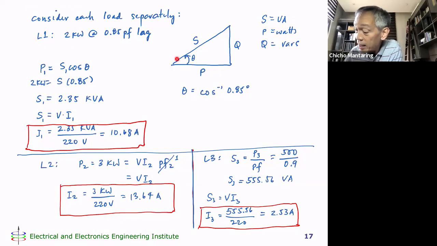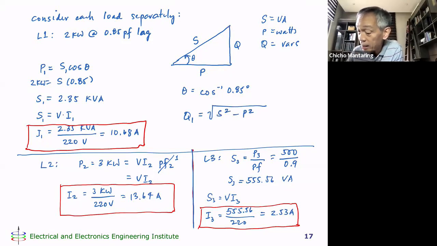If I know S and I know P, I can get Q. So for example, in the case of load 1, Q1 is equal to the square root of S squared minus P squared. This is from the power triangle.